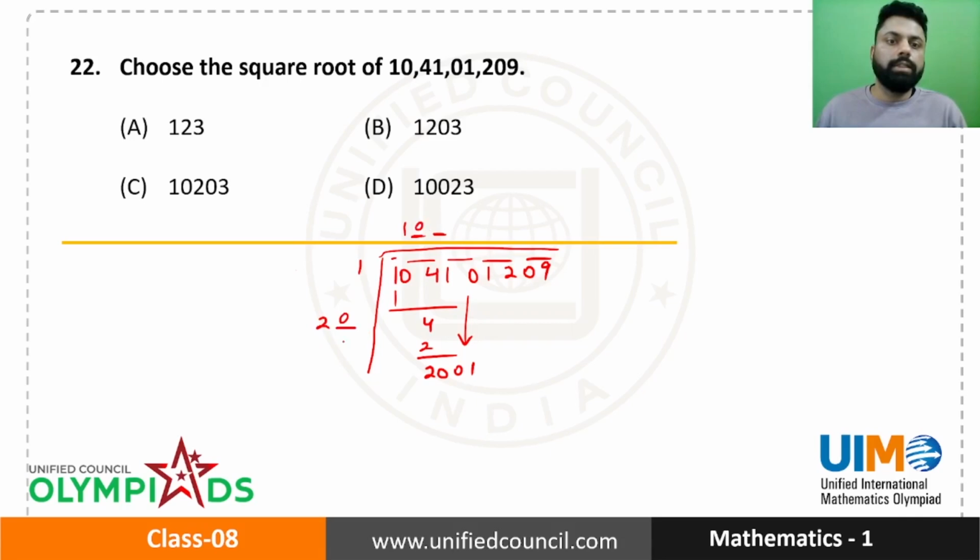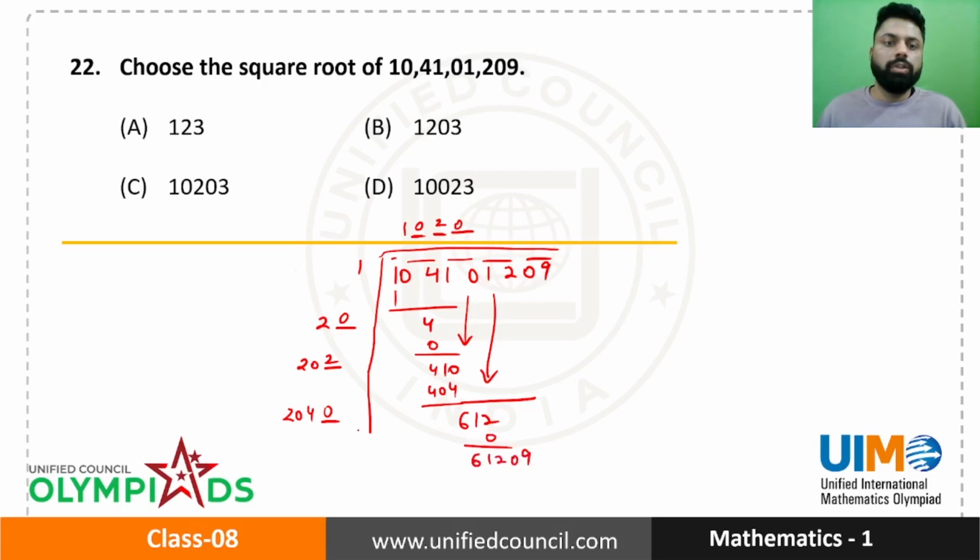So it will be 0 itself. 4, 1, 0. So 2, 2, 4, 0, 4, 6. The next group 1, 2, 2, 0, 4, 0, 0, 6, 1, 2, 0, 9, 2, 0, 4, 0, and then after that we will place 3. This will be 9, 0, 12, 6. So the answer is 1, 0, 2, 0, 3.